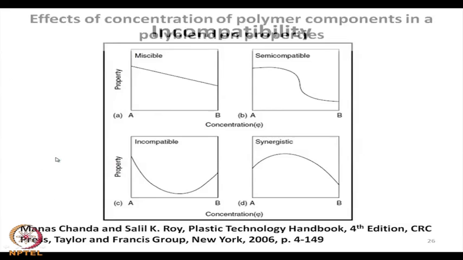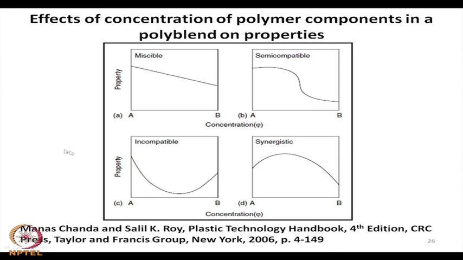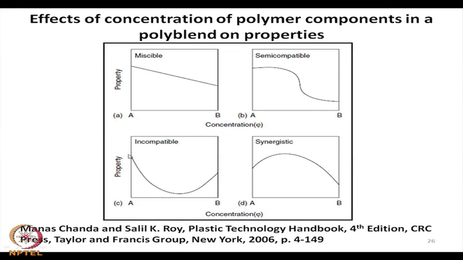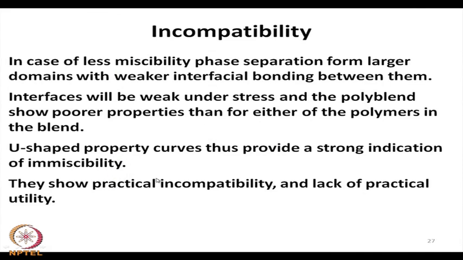Next, this U-shaped property curve provides a strong indication of immiscibility or incompatibility between the component polymers. They show practical incompatibility and lack of practical utility.